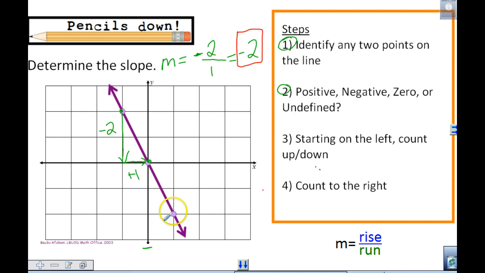Okay? So let's go from here to here. Try that out. Up 4, okay, and left 2.